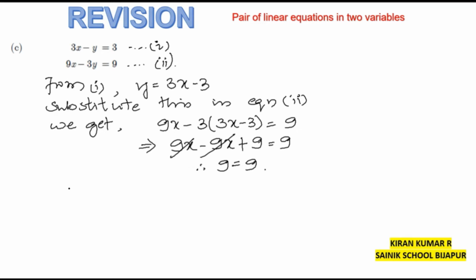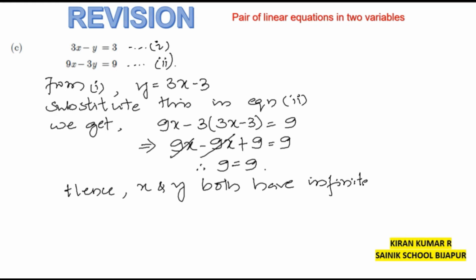Whenever this type of cases are there, we can say that x and y both have infinitely many solutions. We have learned the condition. You can cross check this with the condition learned.